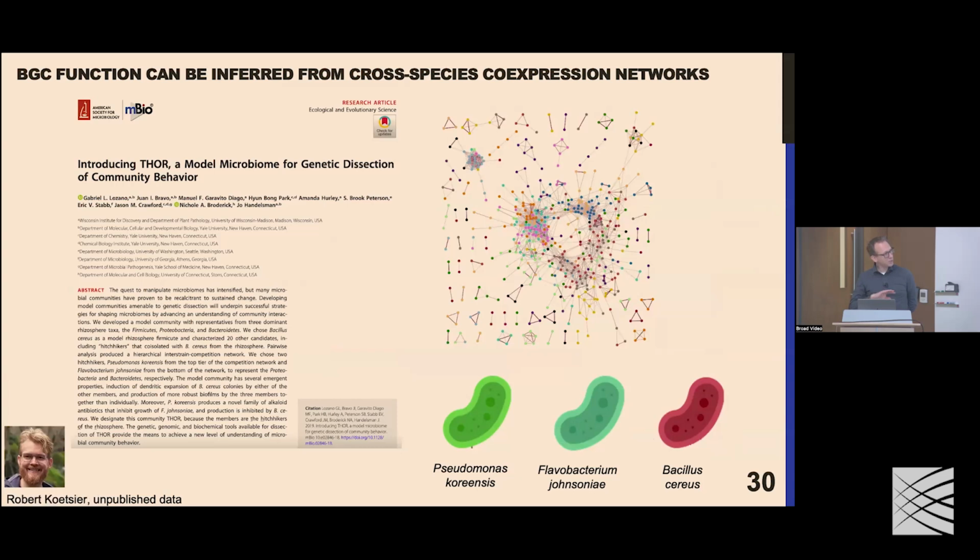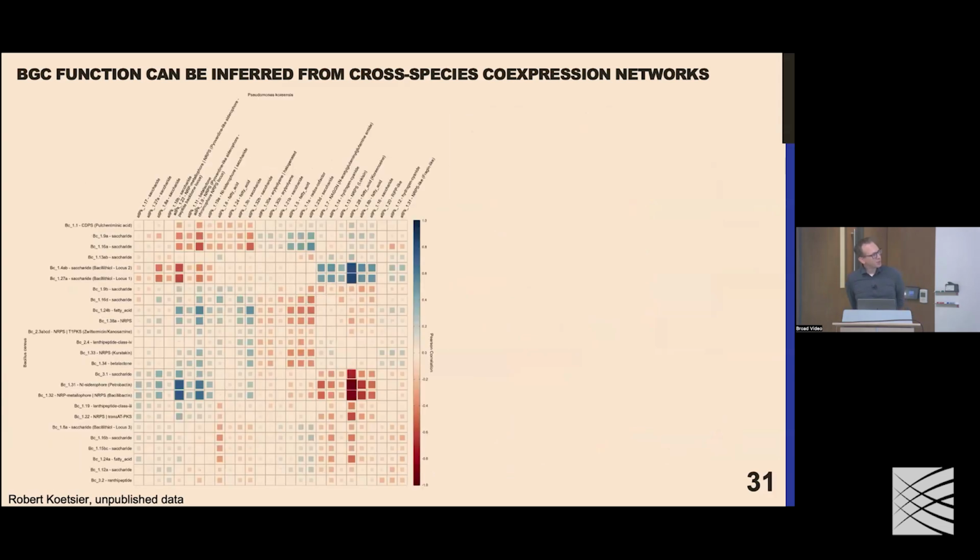When you look across a whole range of co-cultures, like dual co-cultures, triple co-cultures, and mutants in different conditions, you see that there's also specific cross-species correlation and anti-correlation in the expression of the metabolic gene clusters. For example, this Pseudomonas has a gene cluster for a molecule called coriensin, an antibiotic.